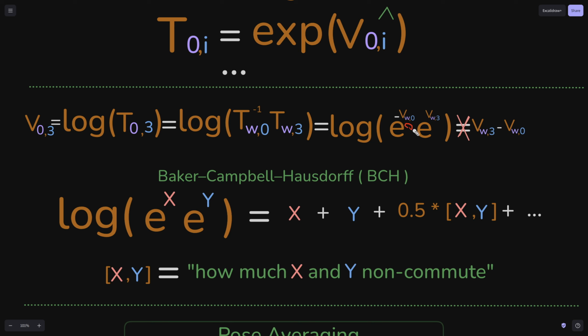Remember, here there is an operation, which is the matrix multiplication, which is the group composition, and this composition is non-commutative. You cannot take this guy and move it here, or take this guy and move it here. Those don't commute.